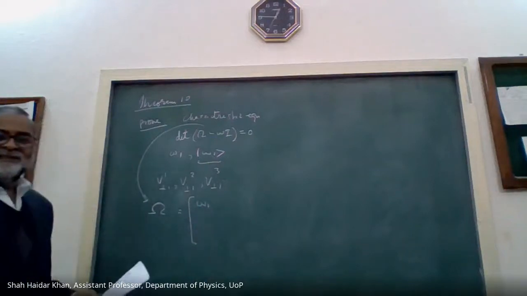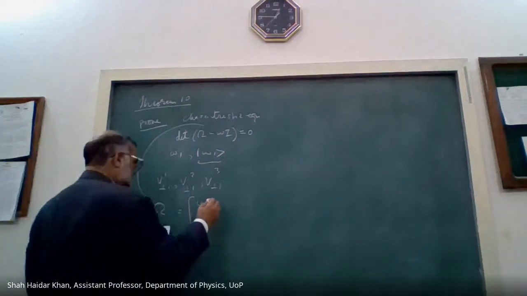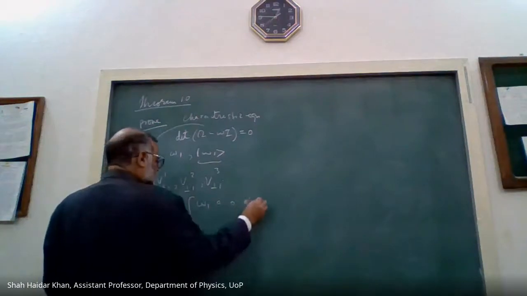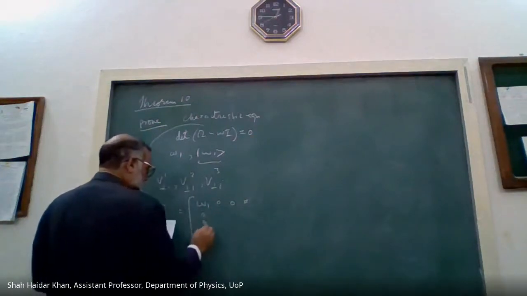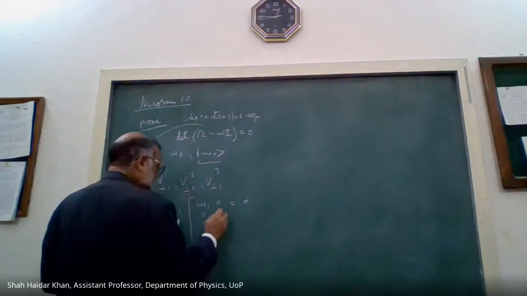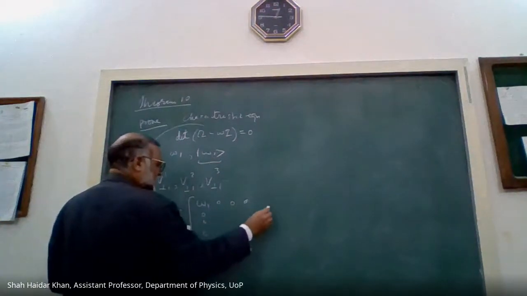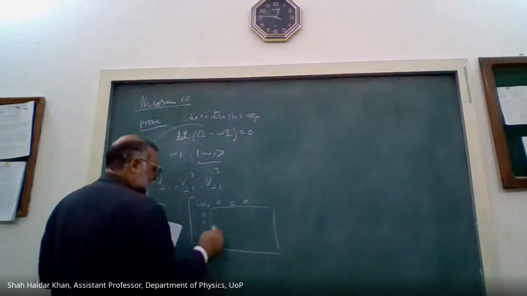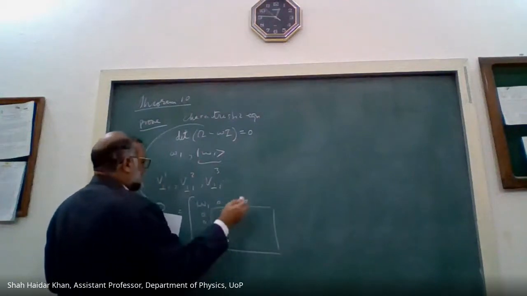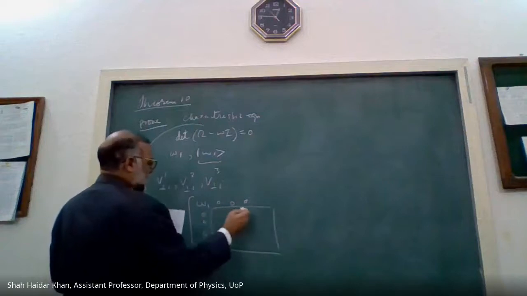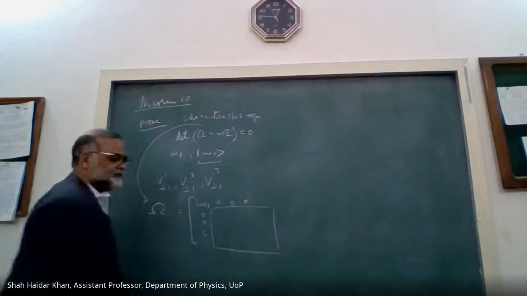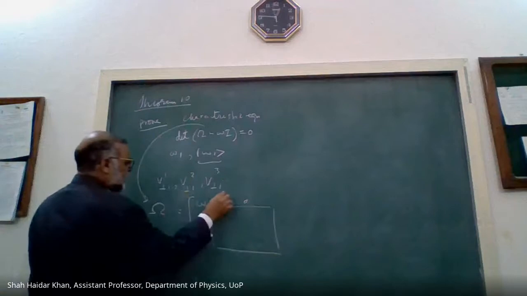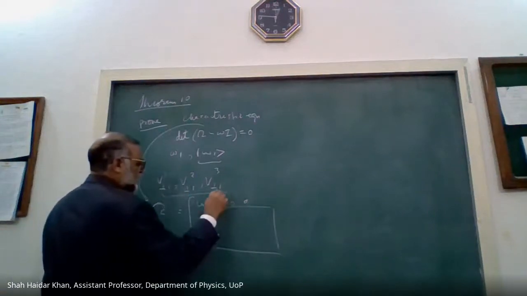Omega 1, right? And 0, 0, 0, 0, 0, 0, 0, 0. And here should be like the remaining, that will be like something here. This is another, like this will contain all these vectors, all this here.